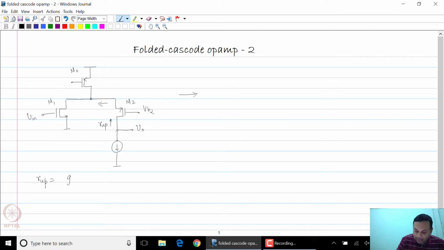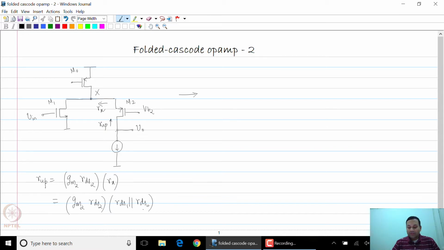So you expect the impedance to be gm2 rds2 times Rx, if this node was node X, where Rx is the parallel combination of rds1 parallel rds0. So this is the impedance looking upwards at the drain of M2.